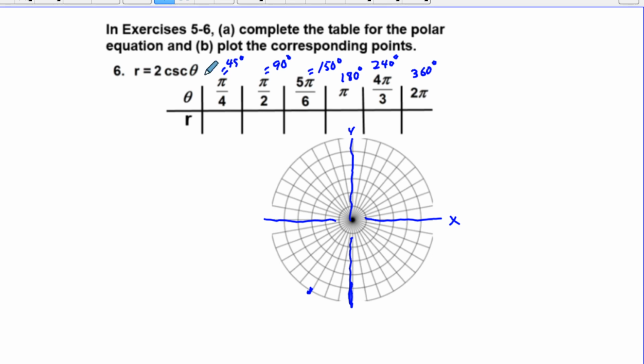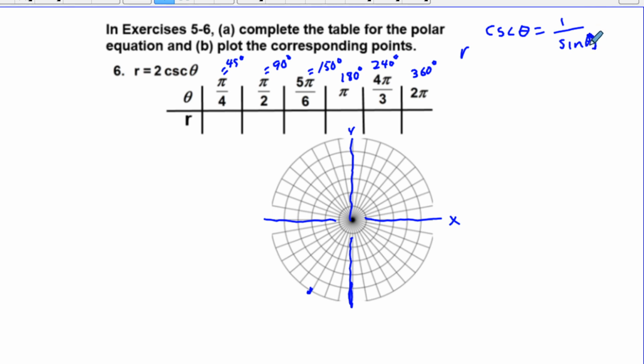Now we have 2 cosecant theta. Now, what is cosecant theta? Cosecant theta equals 1 over sine theta. So they're reciprocals of each other, sine and cosecant.